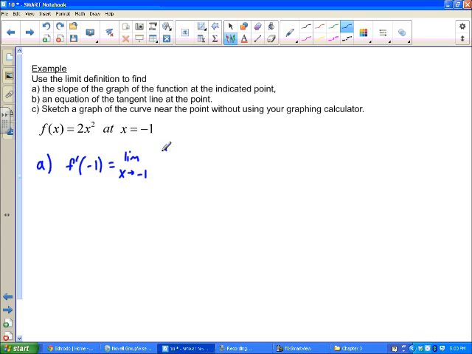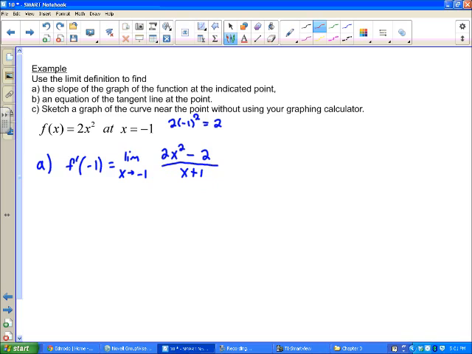So f of x, 2x squared, minus, if I plug in a -1 here for f of -1, that's -1 squared, so that's +1. +1 times 2 is 2. So that gives us 2 right here, over x minus a -1. So minus a -1 should be +1.